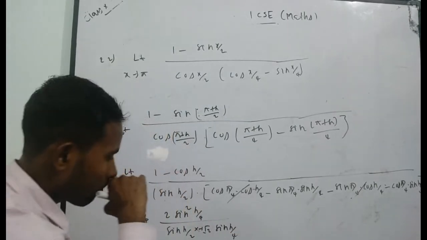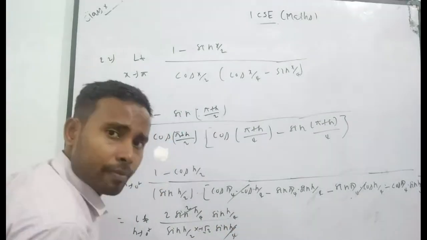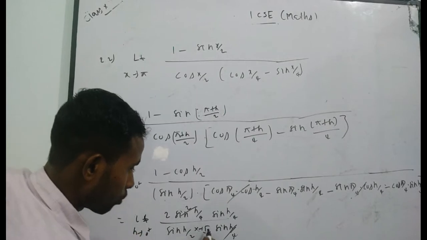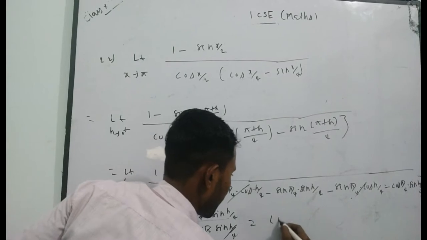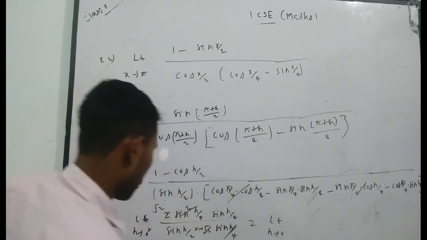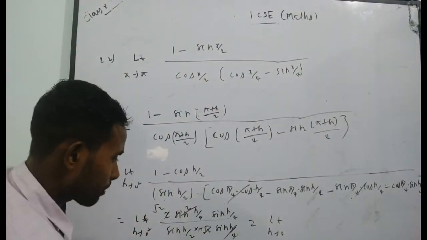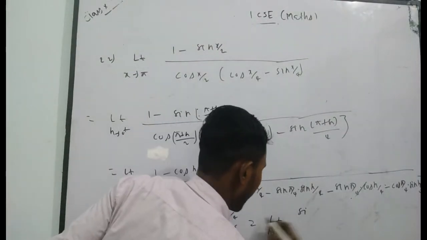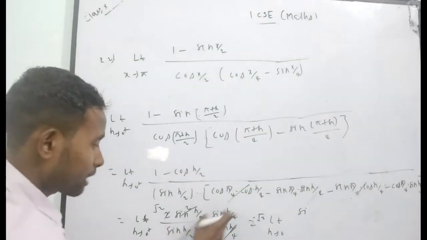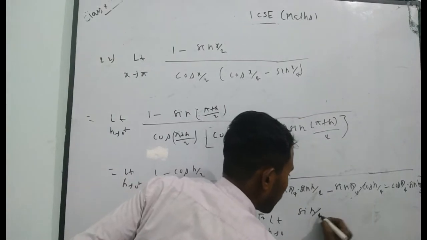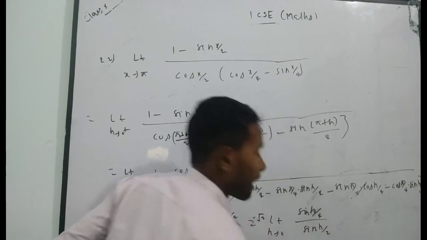Now h by 4 cancels this expression, and root 2 cancels this expression. Finally you get limit h tends to 0, sin h by 4 by h by 4, with minus root 2 common, and sin h by 4 by h by 2.